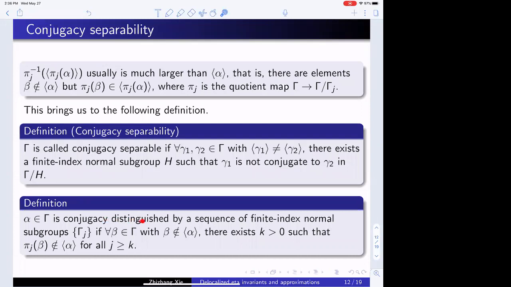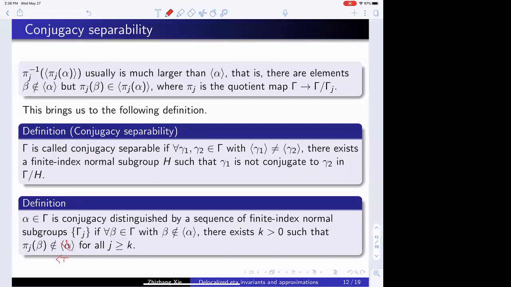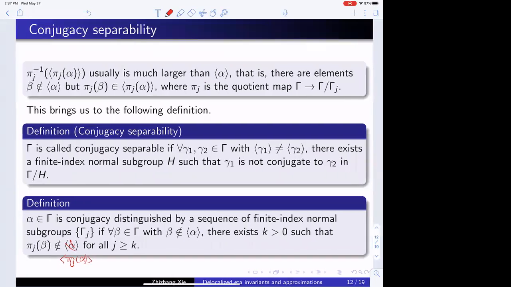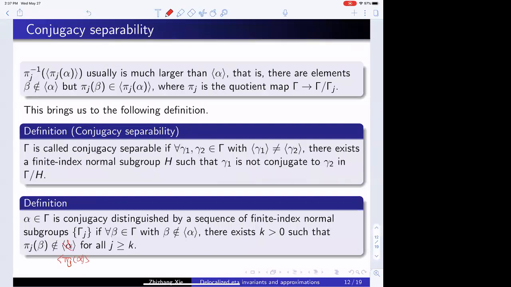We say alpha is conjugacy distinguished by a sequence of finite index normal subgroups gamma_j if for any element beta in gamma which is not in the conjugacy class of alpha, for sufficiently large j, in the quotient, beta is also not in the conjugacy class of pi_j of alpha. That is, in the quotient, beta is not conjugate to alpha either.